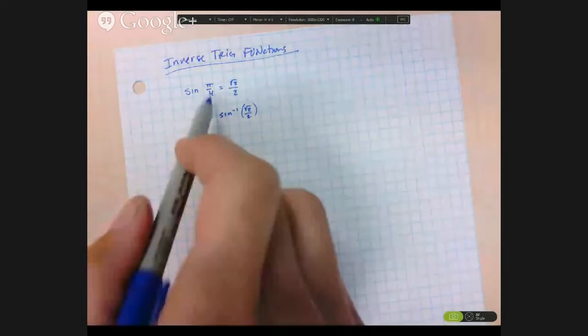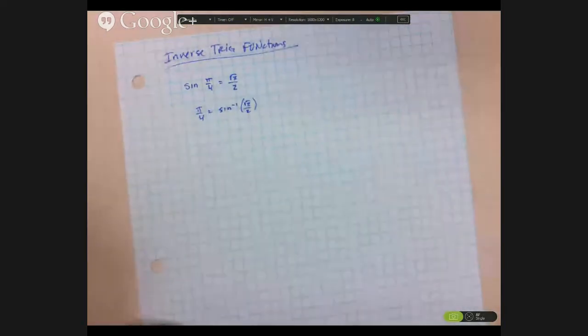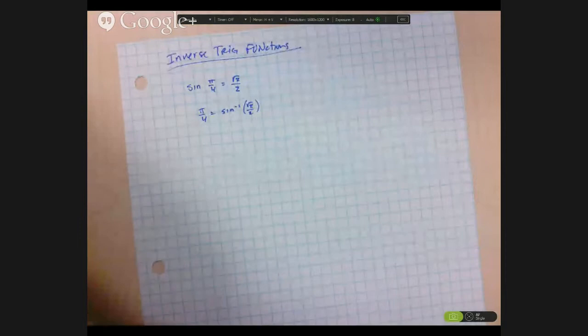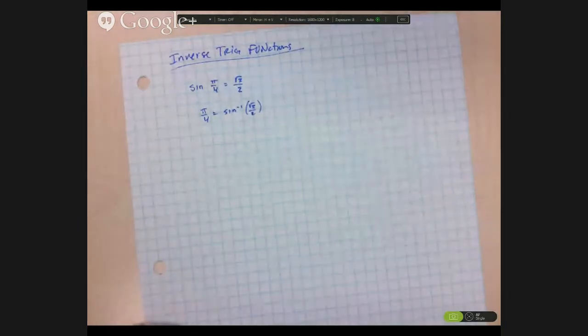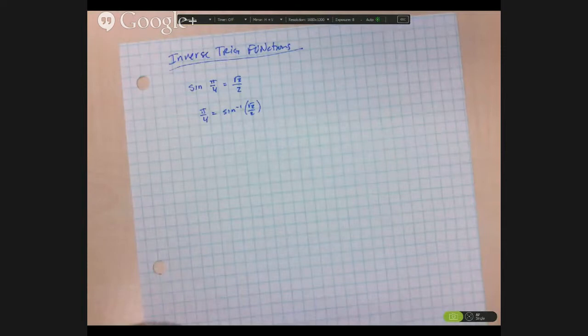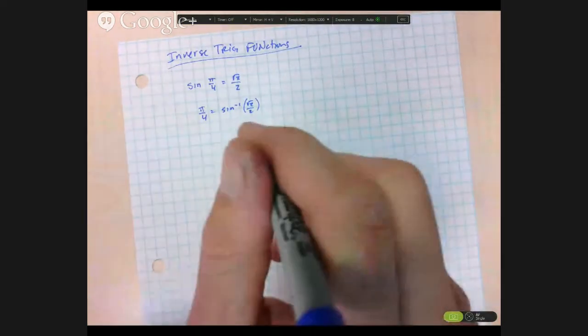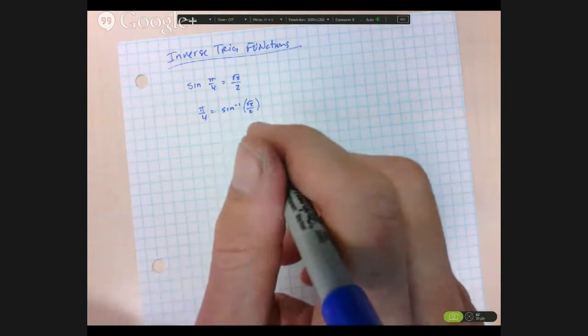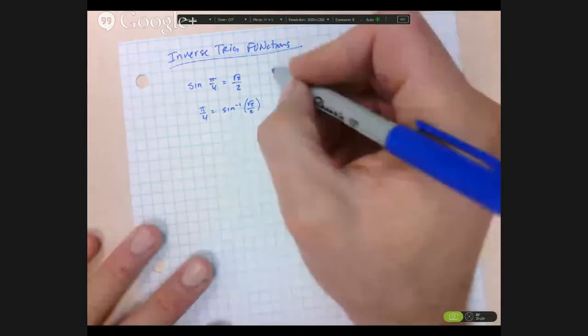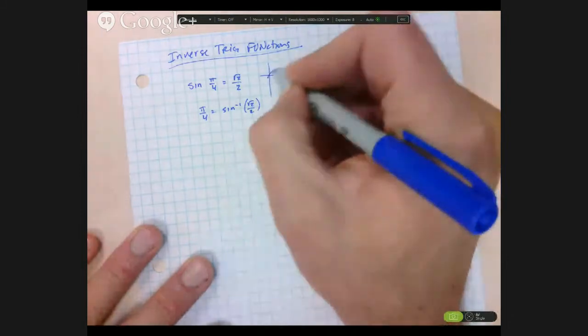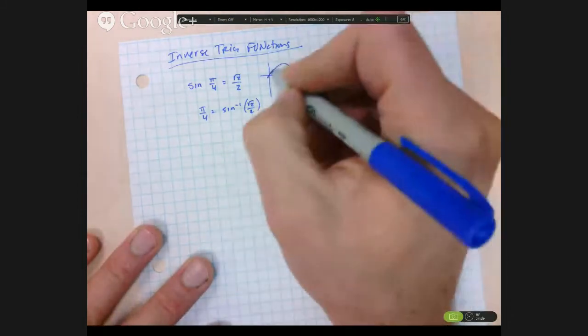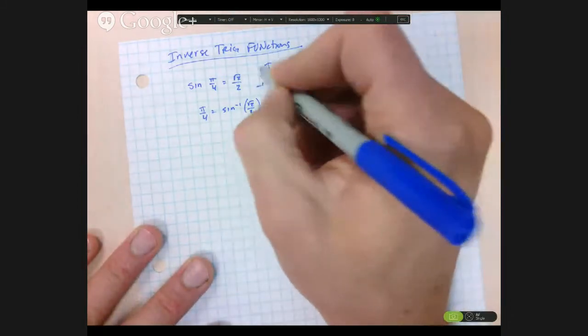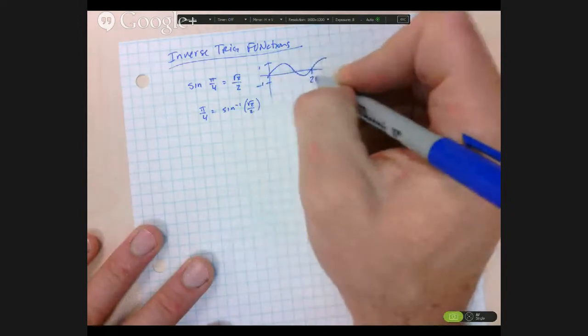That's 45 degrees. Remember to memorize those. The graphs of these, of course, go from -1 to 1, 0 to 2 pi, period.